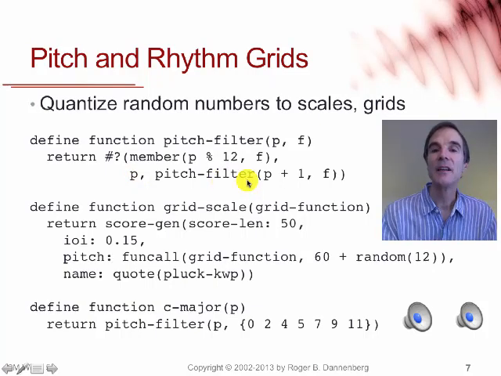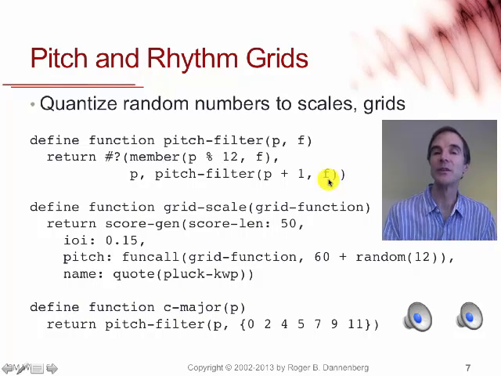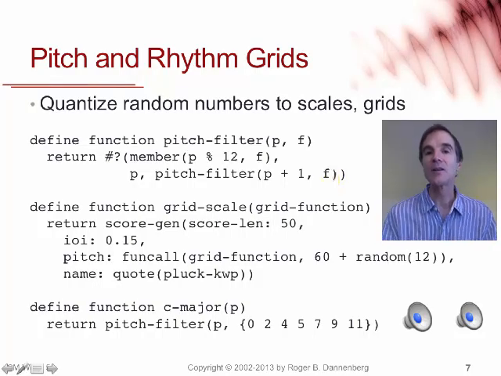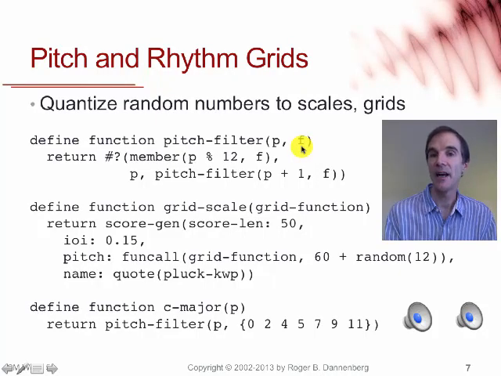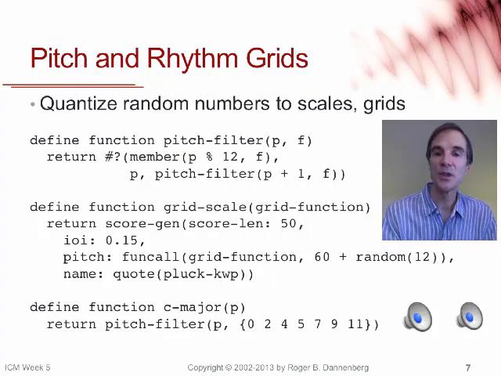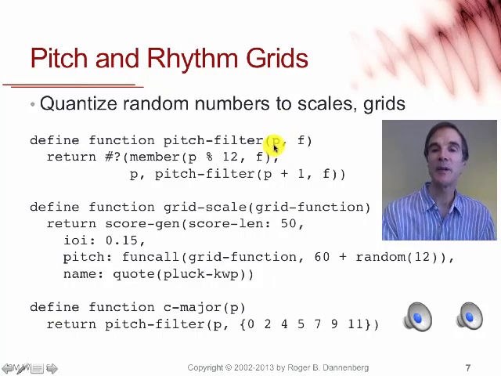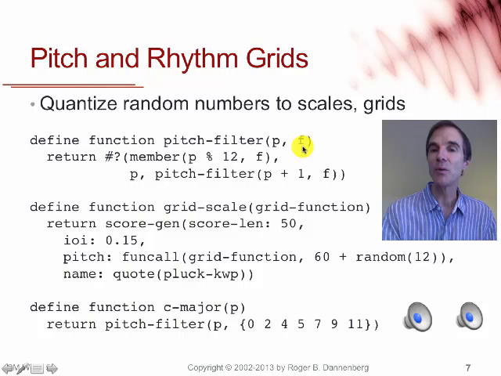If it's not, then we add 1 to P and we run it through the filter again. So this allows us to put any set of pitches in as F, and we will force our input pitch P to equal one of the members of this list F, and that's the output.